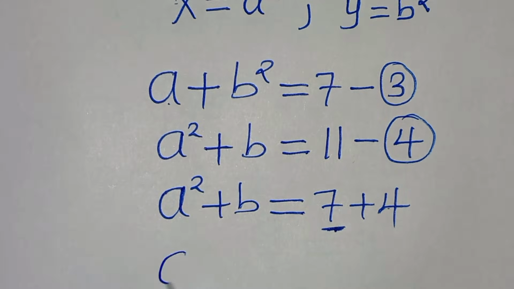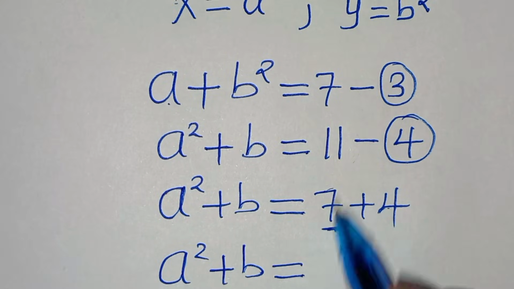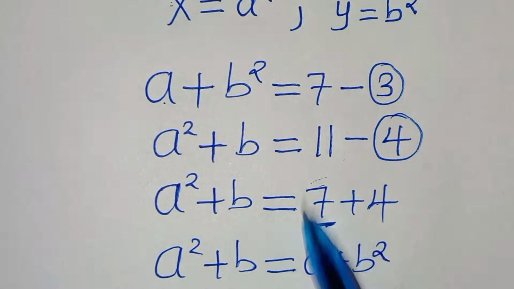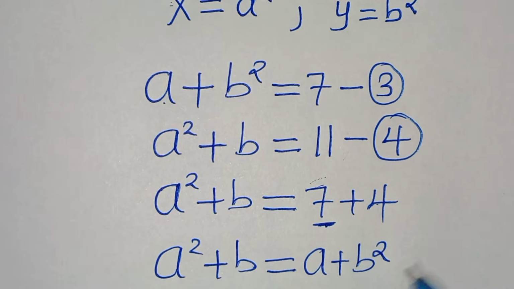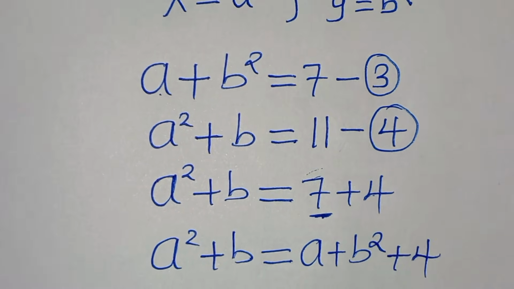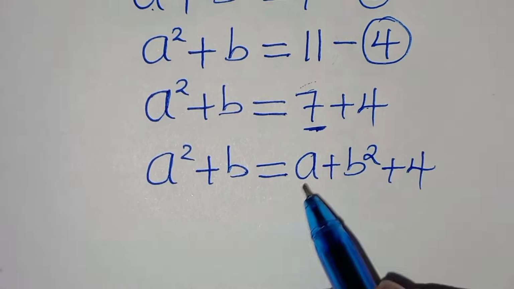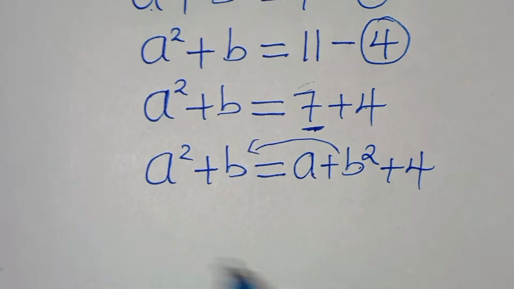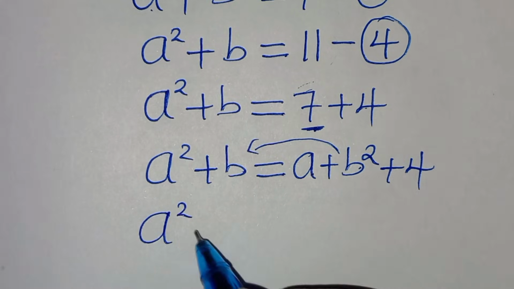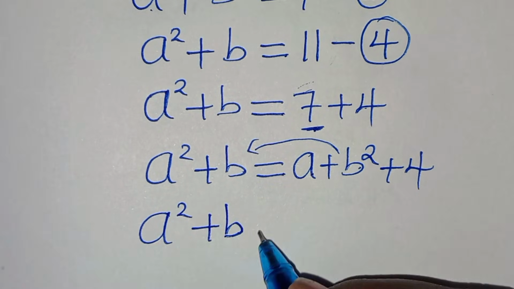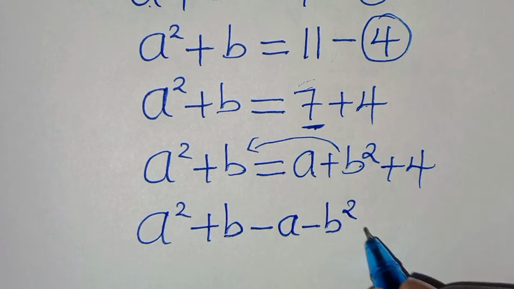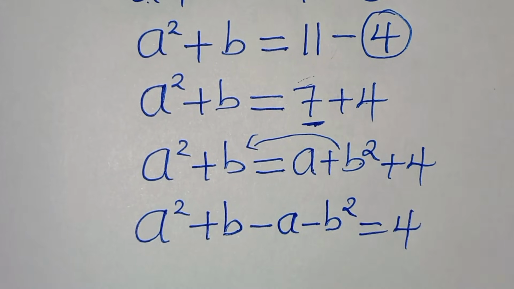So we have a squared plus b is equal to a plus b to the power of 2, so we substitute 7 with a plus b to the power of 2, then plus 4. The next step is to take a plus b squared to the left hand side so that we have a squared plus b, subtract a, subtract b to the power of 2, this is equal to 4.